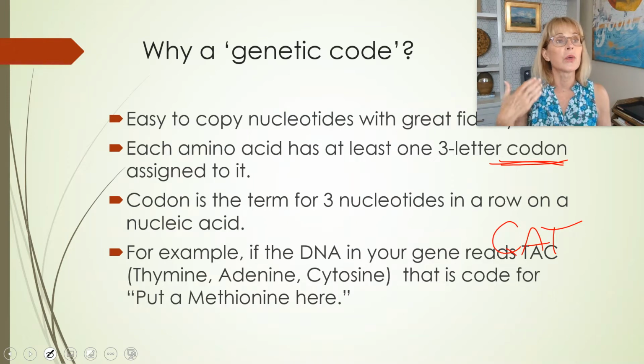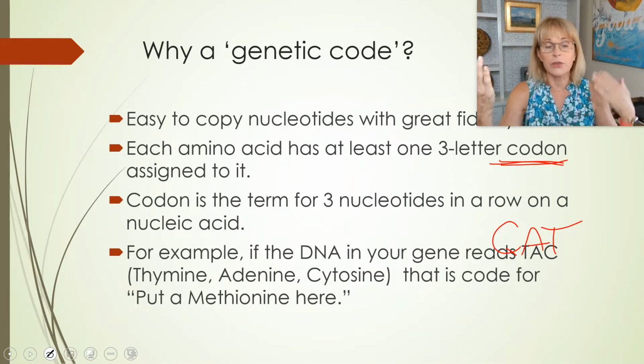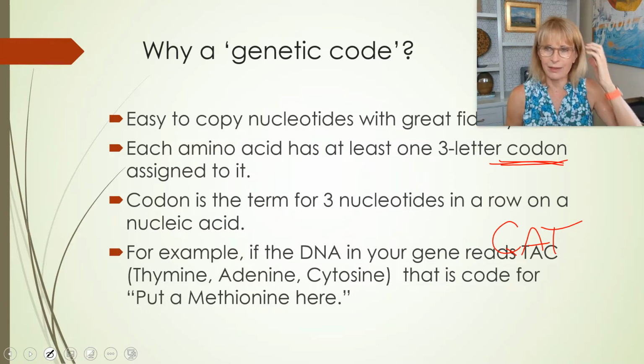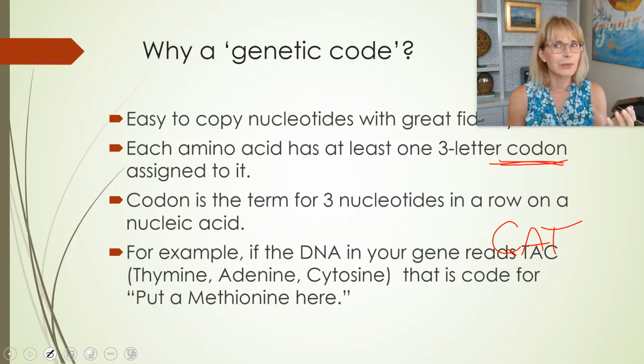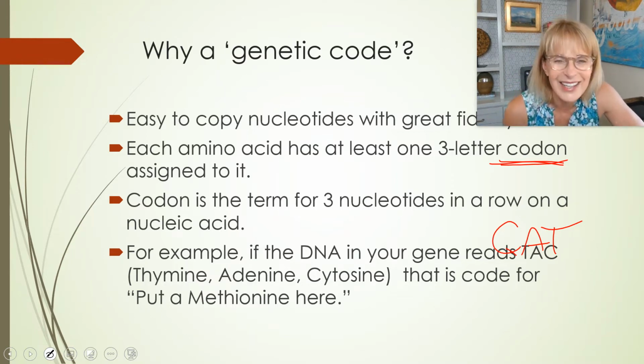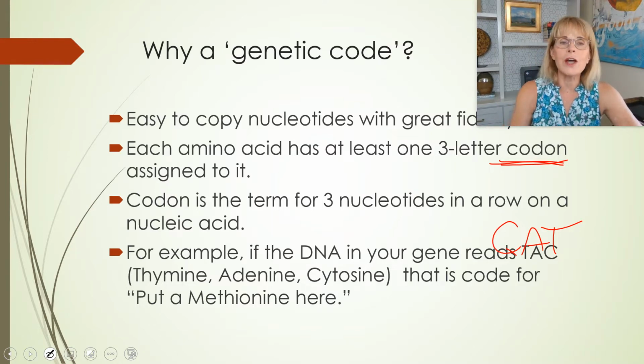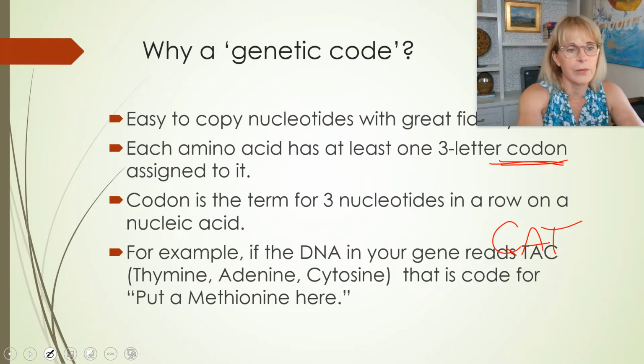If you could do 2 nucleotides for every amino acid, then you could do 8 amino acids. Don't write that down, okay? But if you do 3, you actually have 64 unique little code words that you can make.